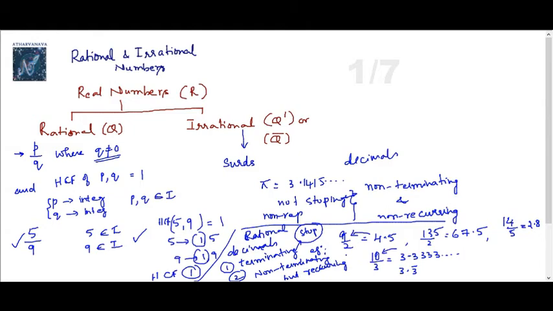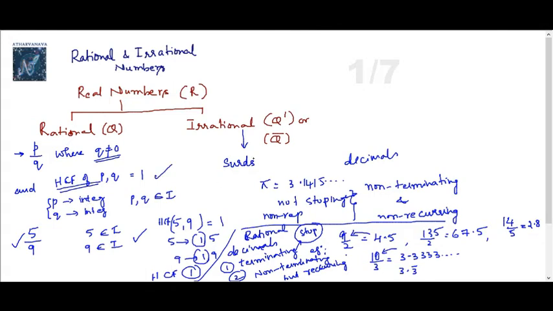It only matters whether your HCF between the numerator and the denominator is 1 or not. That's all. So 10 and 3 have only common factor 1. Though 10 is an even number, 3 is an odd number. So our check is not based on even and odd, it is just based on whether your HCF is 1. That's all you have to check for a rational number.